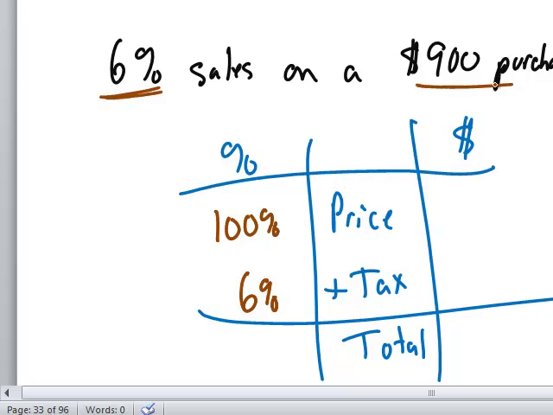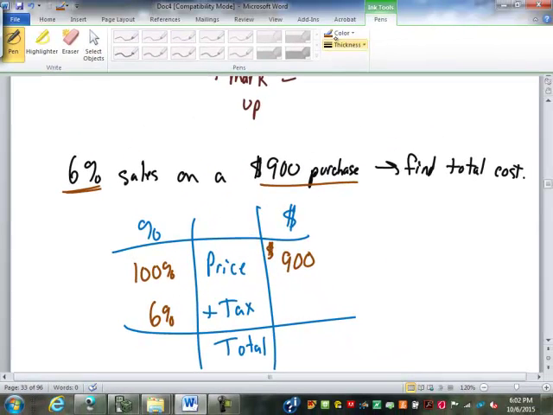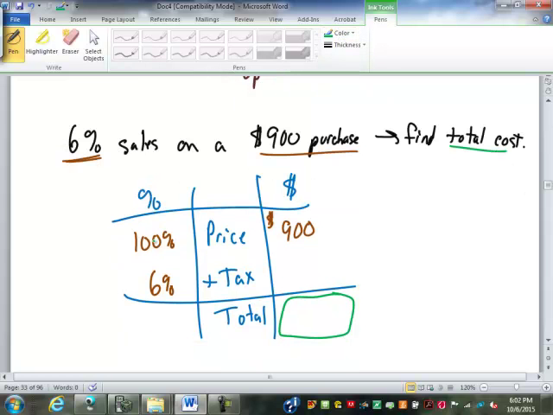On the other side, we had $900 was the price before tax. And we wanted to know what the total cost was. We want to know this number right here. There was one thing we could find rather quickly here, which was, of course, 100% plus 6% means the total amount is 106%.